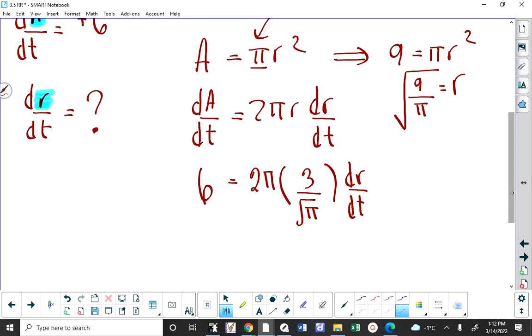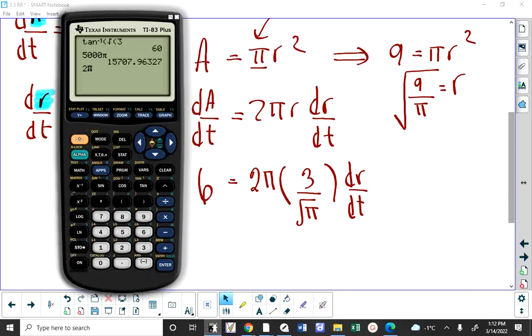At this point in time you have the answer. You could use your calculator. Maybe that's what we'll do first. Let's get a decimal answer. Let's simplify this 2 pi times 3 over root pi as a decimal, and then we're going to divide it into the 6 to get an answer.